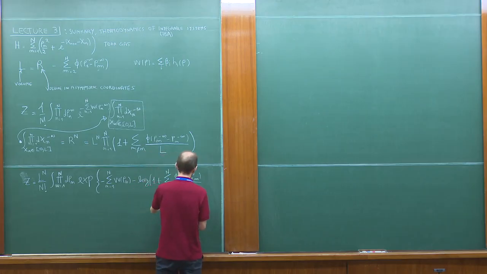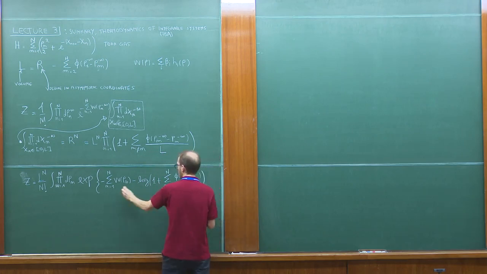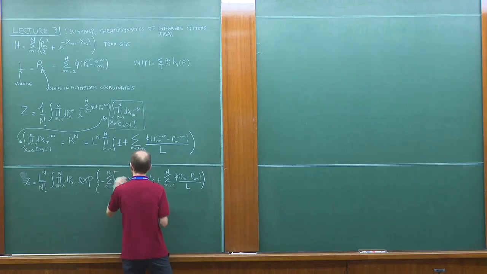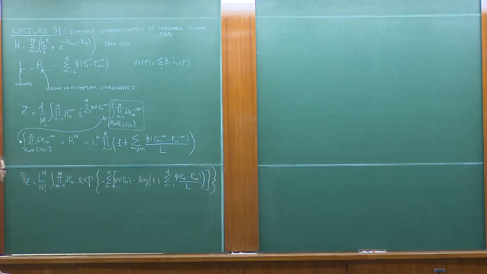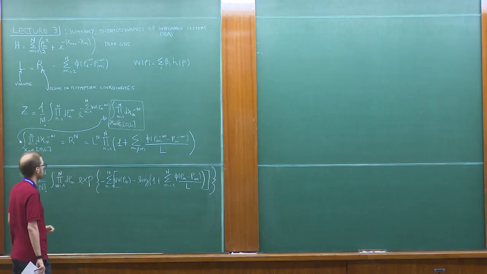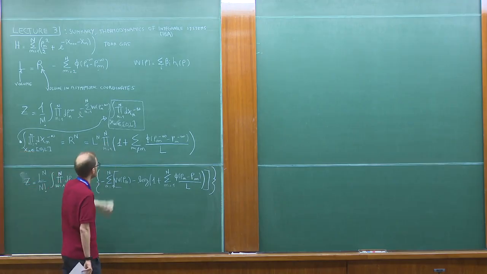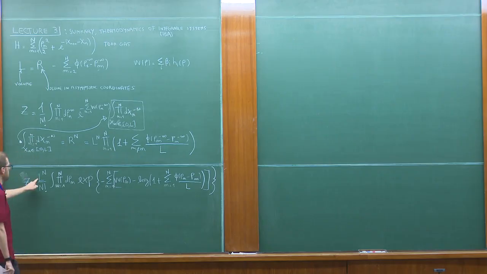Yes, that's correct. Should be fine with parentheses. So here I'm just exponentiating to put everything into the Boltzmann weight, this factor here within the product. And then I have this factor L to the n, which comes from here.